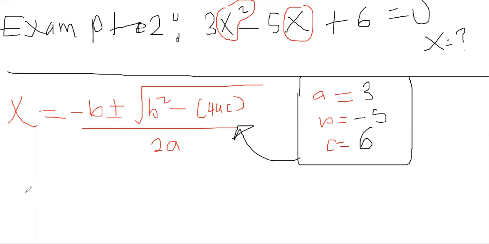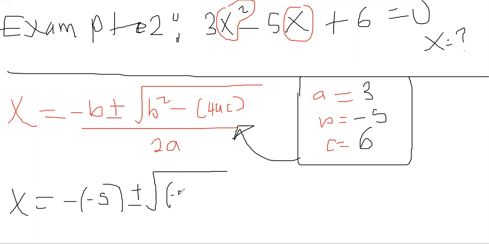So we have x equals to minus b, and b is minus 5, plus or minus the square root of b squared, where b we know is minus 5, minus 4 times a, which is 3.